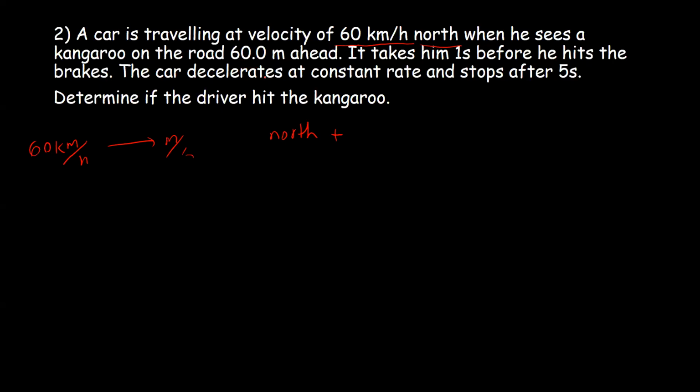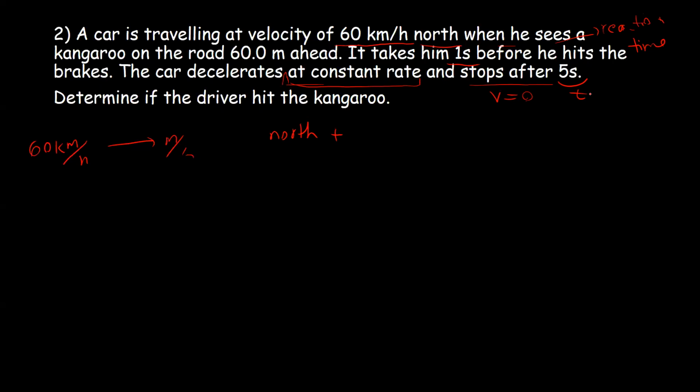It takes him 1 second before he hits the brakes, so this 1 second is reaction time. The car decelerates at a constant rate, which may be helpful information, and it stops after 5 seconds. So our final velocity here is 0 and time is 5 seconds. Determine if the driver hits the kangaroo.